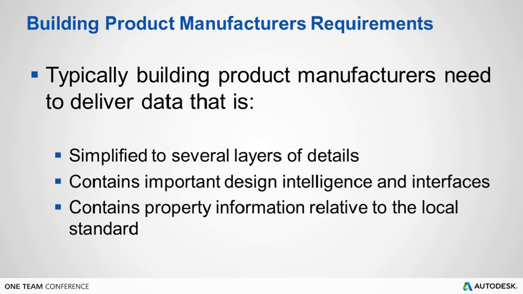Other things, design intelligence: if we have a design of something and things need to connect to it, then being able to identify those in an intelligent way. And thirdly, having the correct property information. So you as a manufacturing supplier, your details around what you've supplied, what that product is, maybe additional data around maintenance plans.